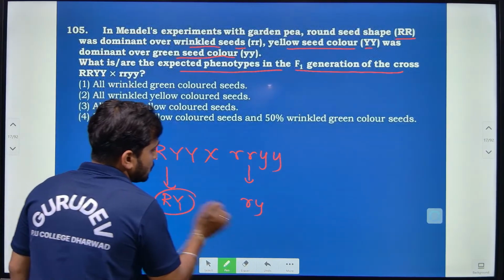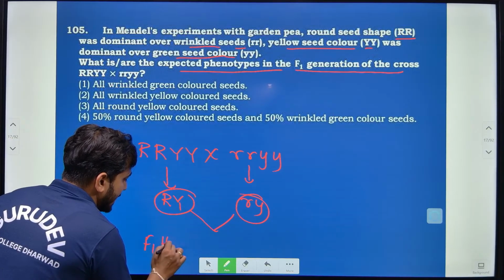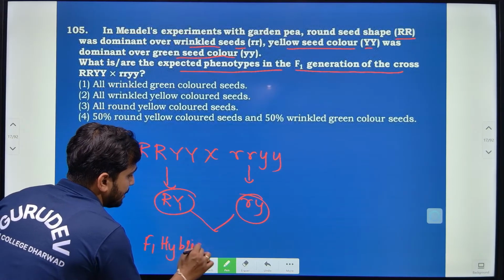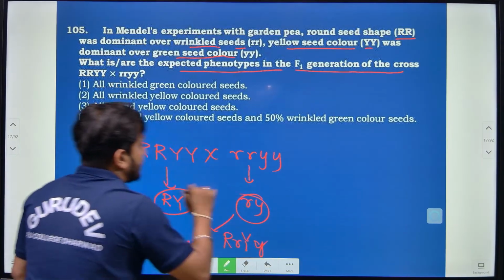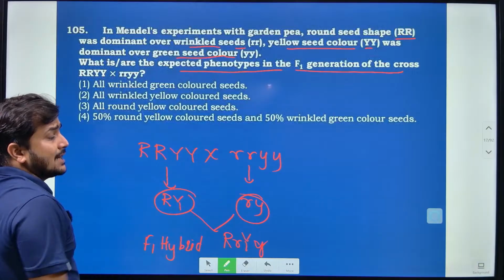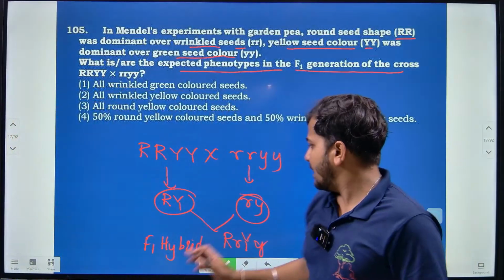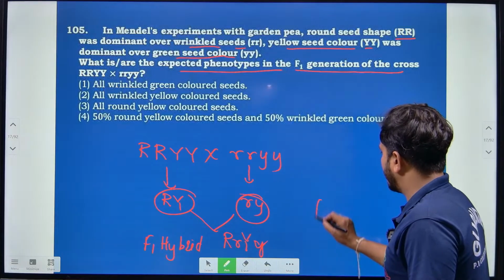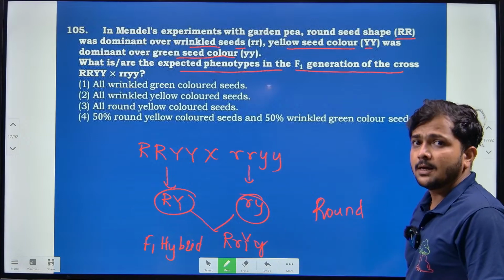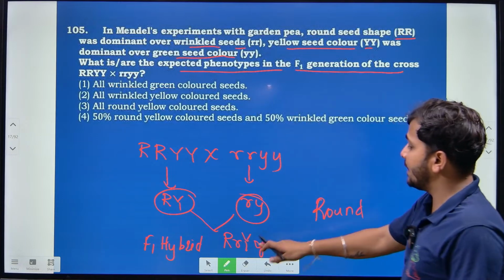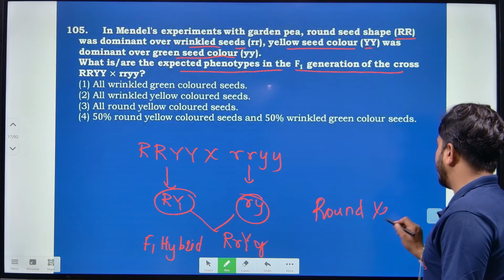When these combine in the F1 generation, forming the F1 hybrid, the condition will be heterozygous. But according to the question, round is dominant over wrinkled, so I am definitely going to get round. As yellow is dominant over green, I am going to get yellow.